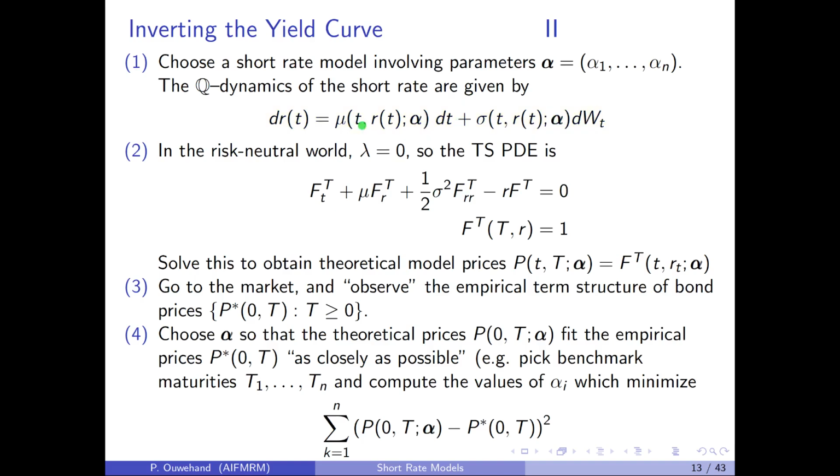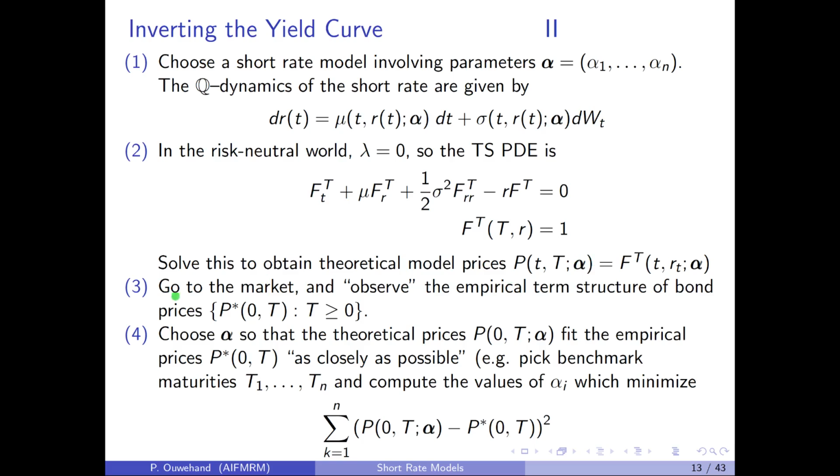If we model directly under the risk-neutral world, then the market price of risk is 0, and therefore the term structure PDE takes the following form, with the usual terminal condition. We can solve this to obtain theoretical model prices, where the price of the zero coupon bond depends on the parameters that we have chosen.